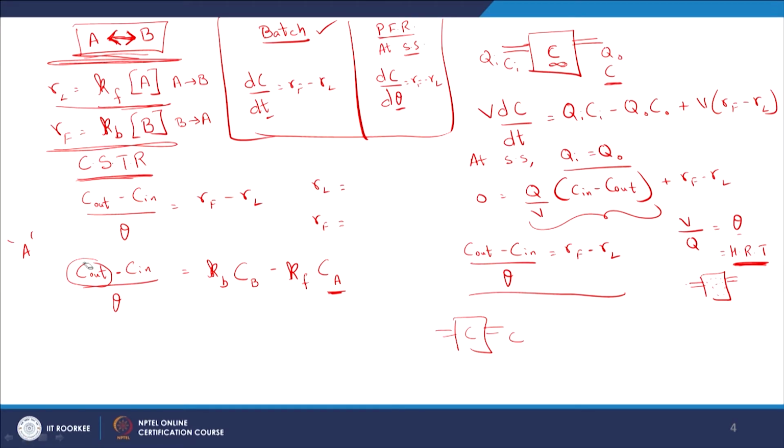So, I am going to modify that. So, concentration of A minus C in by theta equal to KB CB minus KF into CA.